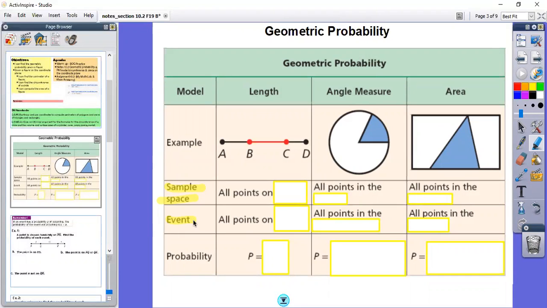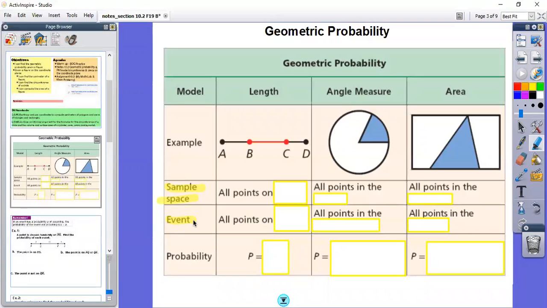Maybe it's sunny out, maybe it's partly cloudy, maybe there's rain showers, maybe there's snow, maybe there's hail. And the event that we're talking about, in this case, 70% chance of snow, snow is the specific event. And then the probability is the probability of the event over all the things that can happen.